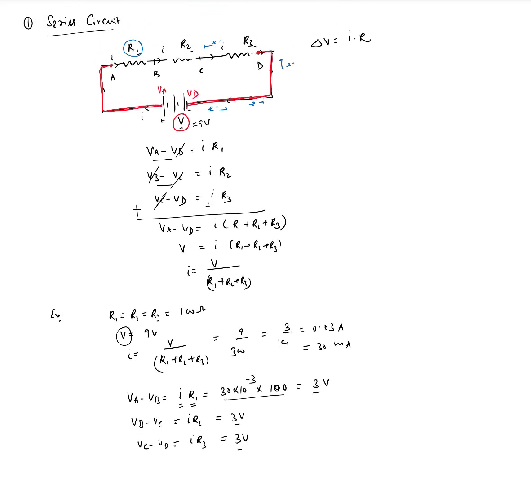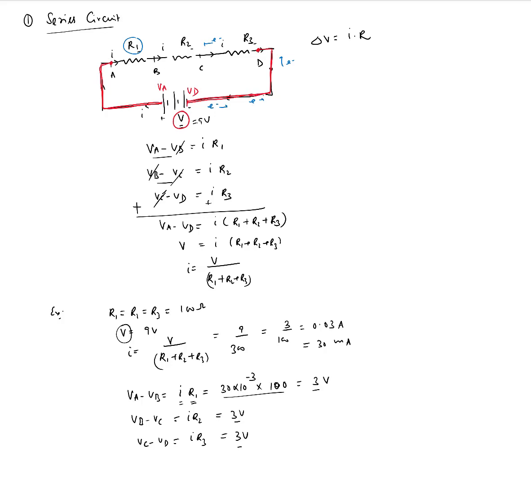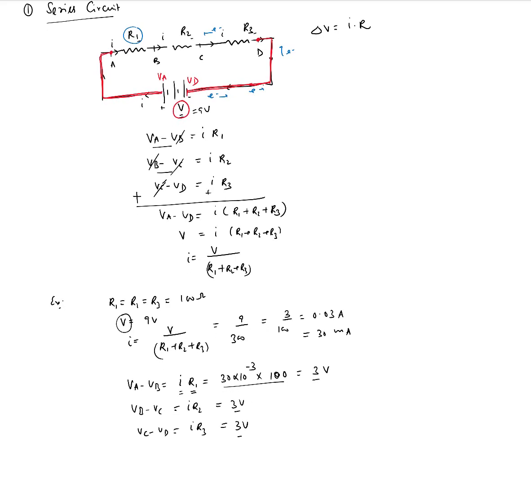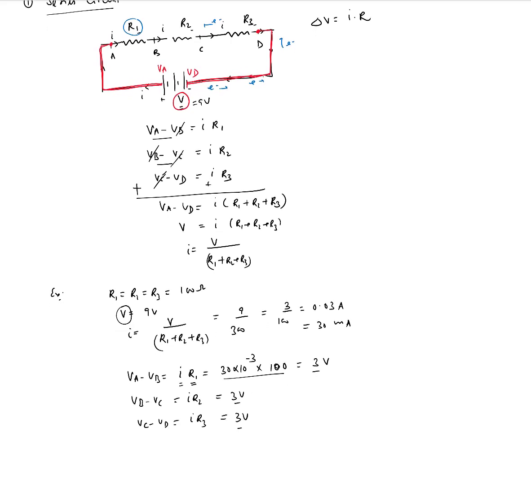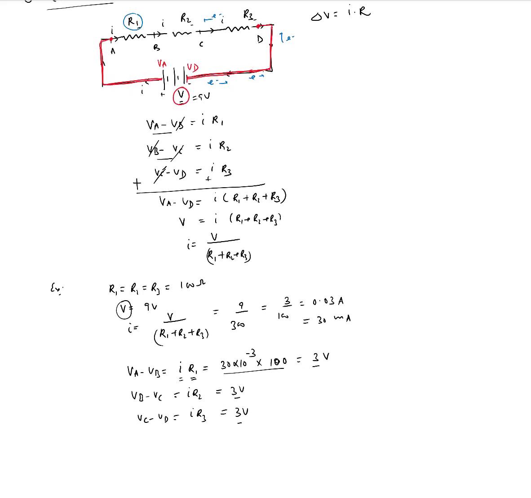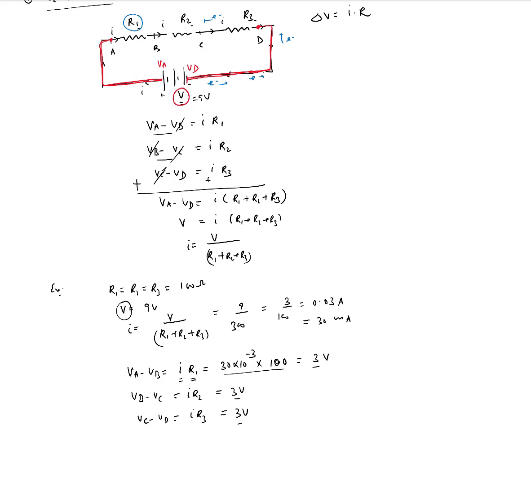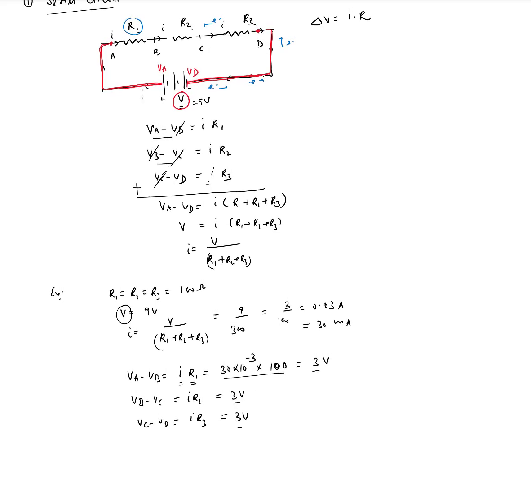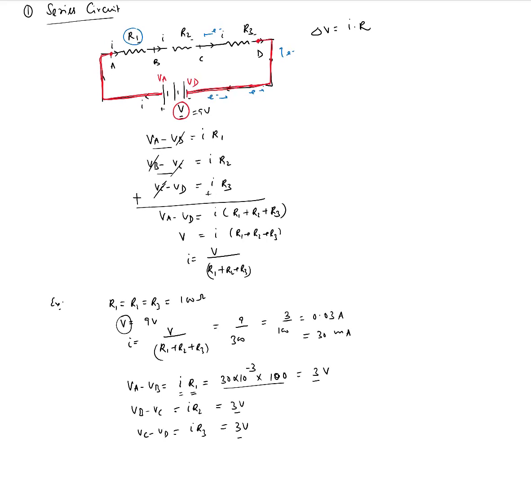At this point, you can probably answer this question as to how different appliances in a household are connected together. You know, let's say your refrigerator, your dryer, your washer, your blender, your fan, are they connected in series? Well, you can probably tell the answer now that they would not be connected in series, because if one of the loads is removed, then you essentially have an open circuit, right?